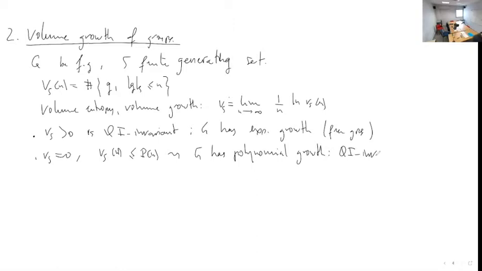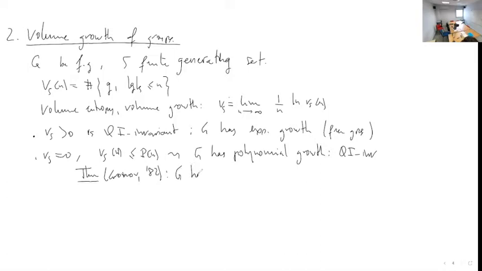And there I have to mention a theorem that was one of the cornerstones of the theory. It's a theorem published in '81 or '82, I forget, of Gromov, that characterizes polynomial growth groups by an algebraic property.